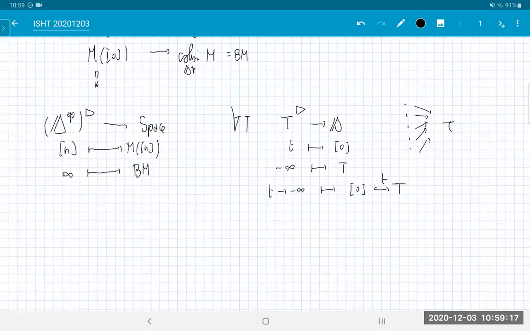Putting all this together, this gives me a map into spaces. So let me call this D, D op.